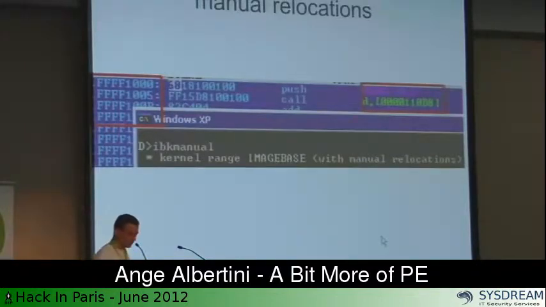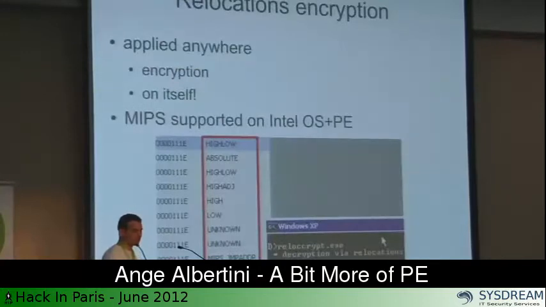So that's another failure in a few emulators. And if you know where the file will be relocated, you can predict what the relocations will be, so you can actually encrypt code with relocation. That's nothing new, and it's used in malware.